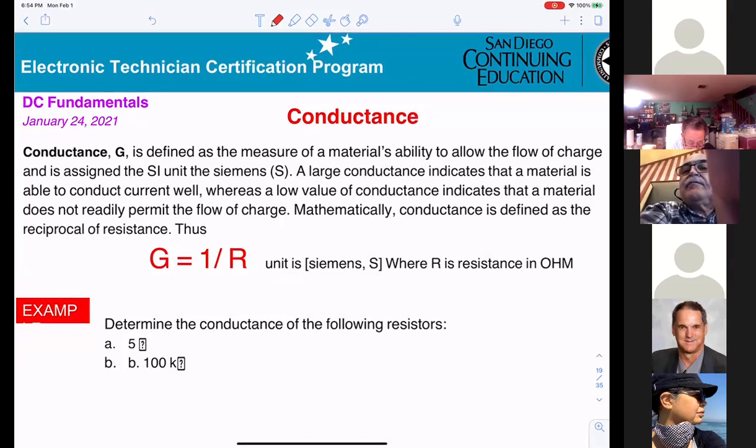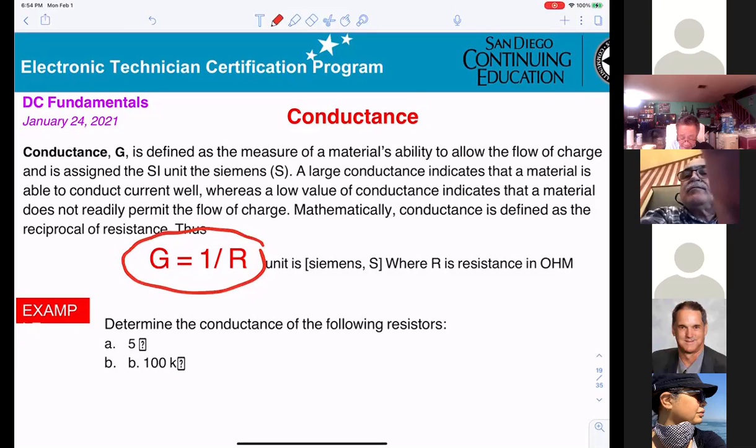Okay, well, I don't care what they said, but I tell you right here. Conductance will be the reverse of the resistance. G equals 1 over R. And the unit of the conductance will be siemens. Okay, and the resistor will be in ohm.